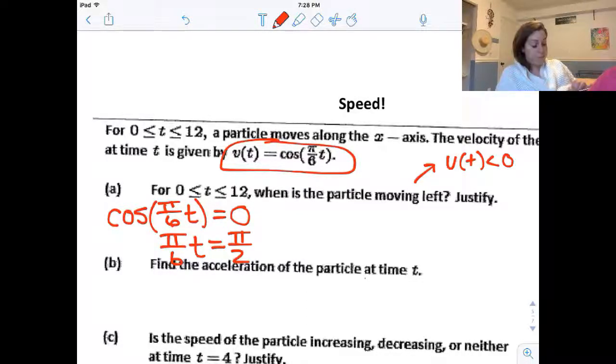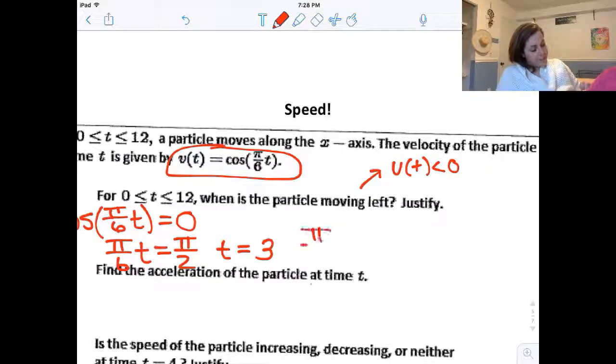So this would give me that t equals, multiply by 6 over pi, 3. That's one possibility. Now, pi over 6 t could also equal, what else? Could also equal 3 pi over 2, which would give me 9.